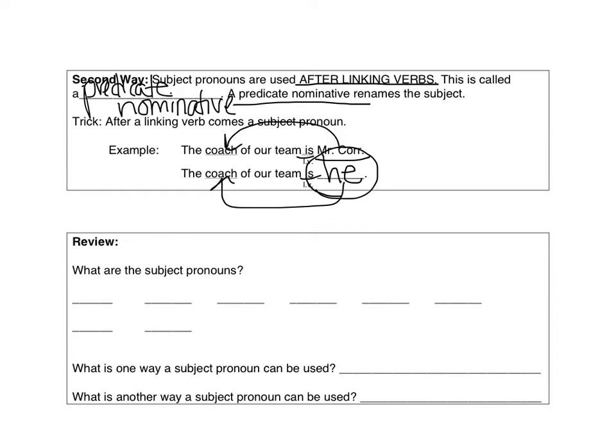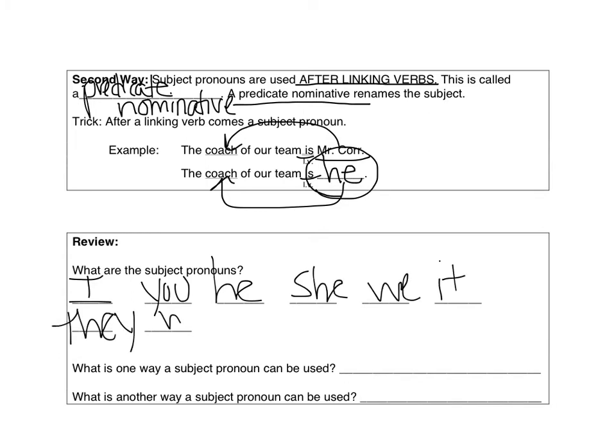So what are the subject pronouns as a review? The subject pronouns are I, you, he, she, we, it, they, who. And these subject pronouns can be found as the subject of a sentence.